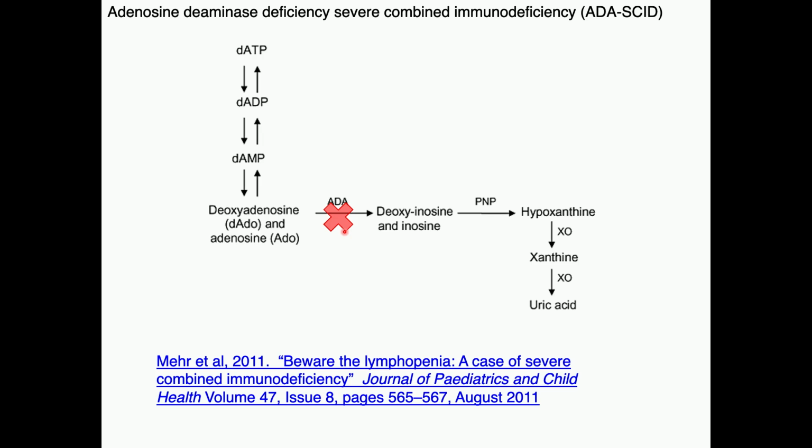So the toxicity here, or the pathology, comes from an accumulation of adenosine and deoxyadenosine, and this buildup is toxic and specifically toxic to developing lymphocytes. So as lymphocytes are trying to populate the thymus and trying to mature, they die instead.